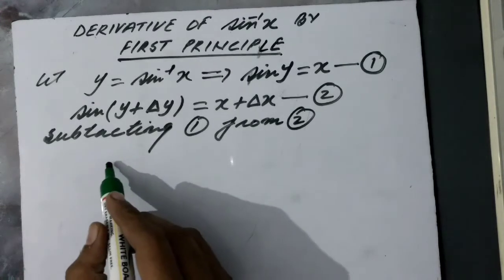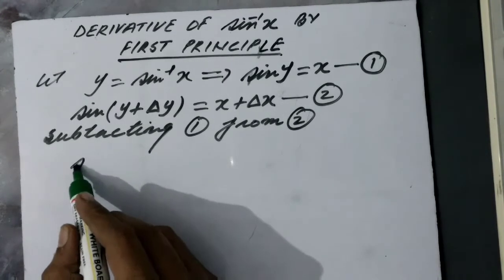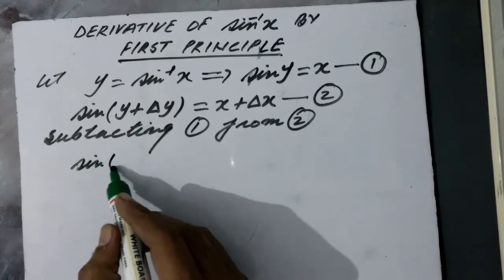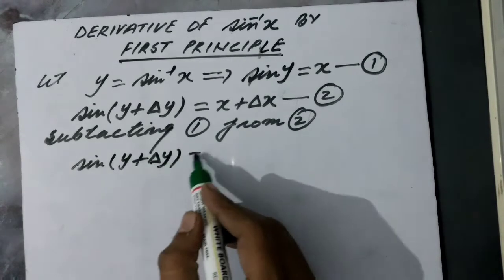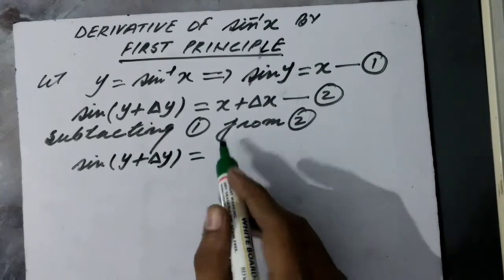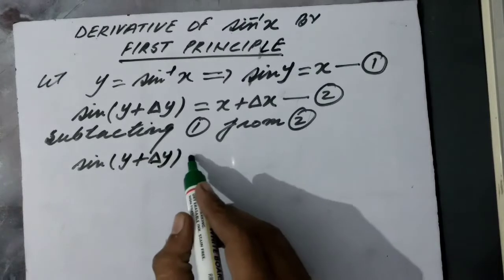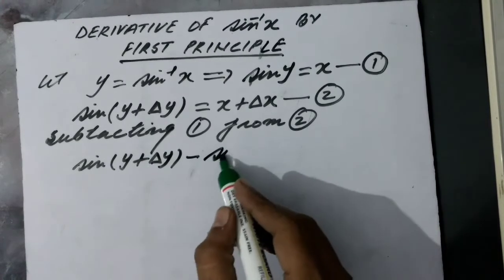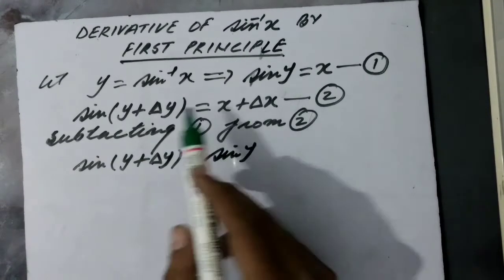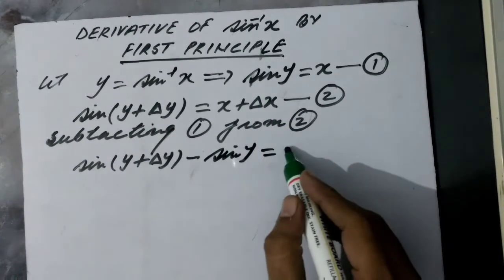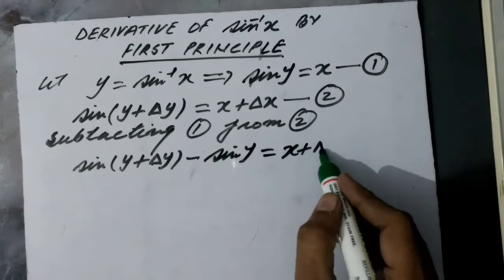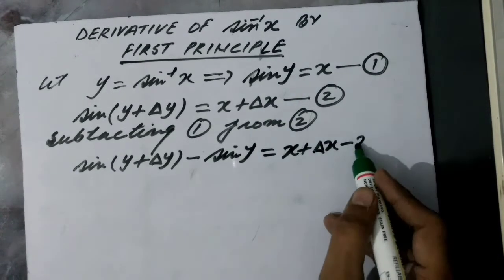we get sine of y plus delta y minus sine y is equal to x plus delta x minus x.